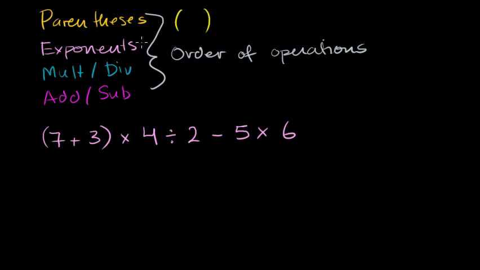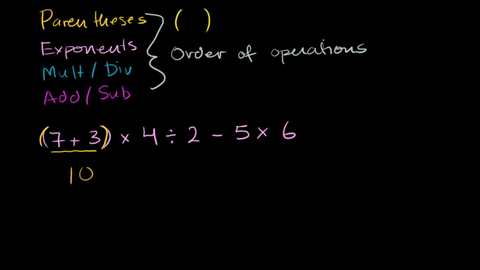But if you just follow the order of operations, you'll simplify it in a very clean way. And hopefully we'll all get the same answer. So let's just follow the order of operations. The first thing we have to do is look for parentheses. Are there parentheses here? Yes, there are. There's parentheses around the 7 plus 3. So it says, let's do that first. So 7 plus 3 is 10. So this we can simplify to 10.